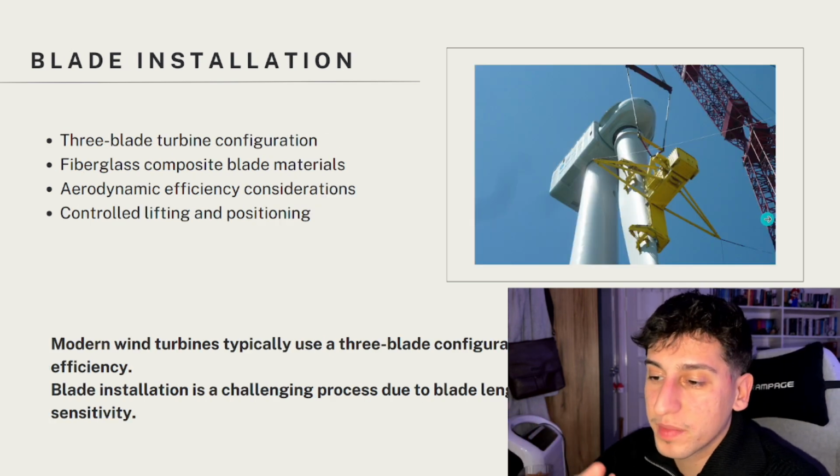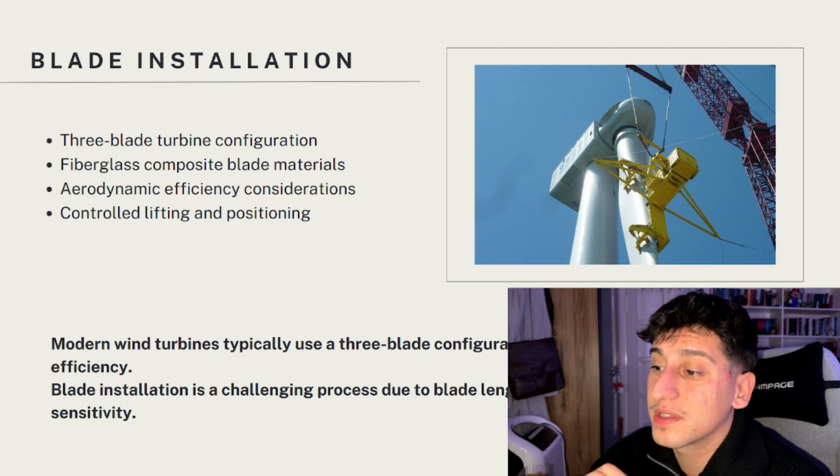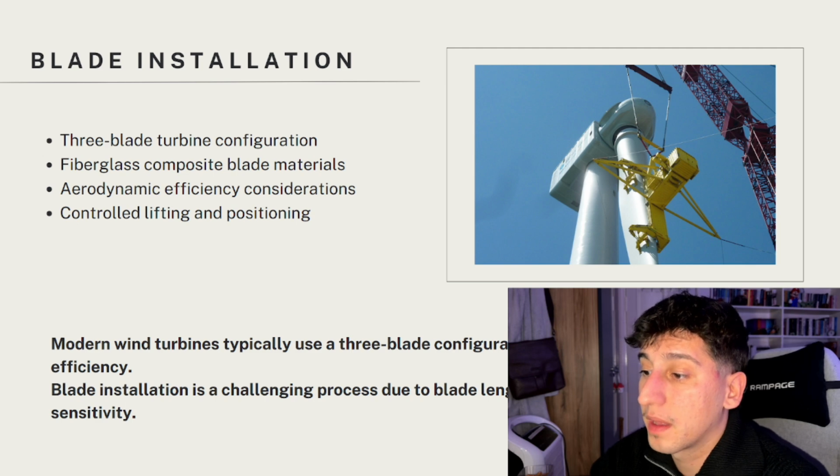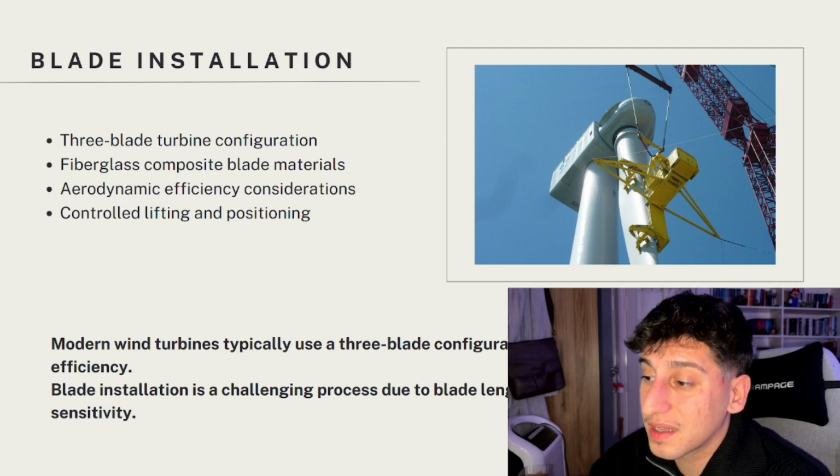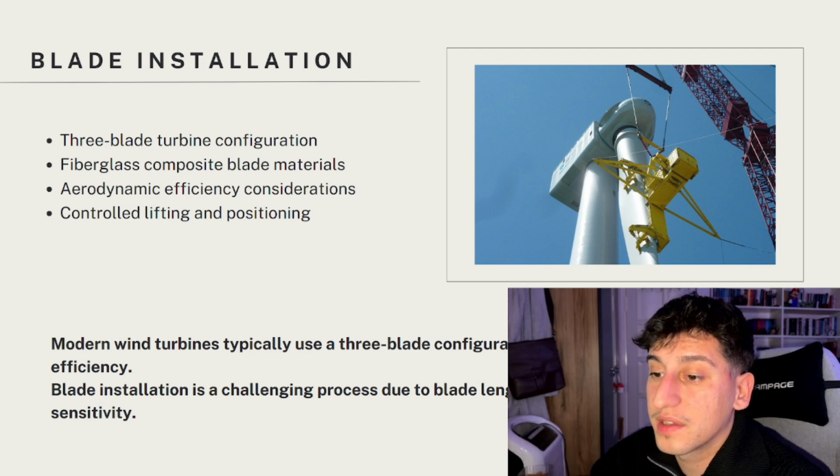Modern wind turbines typically use a three-blade configuration, and this design offers an optimal balance between efficiency, structural stability, and also cost, of course. Installing blades is a highly complex operation because they're really long and really heavy, and there is wind loading on the blades.